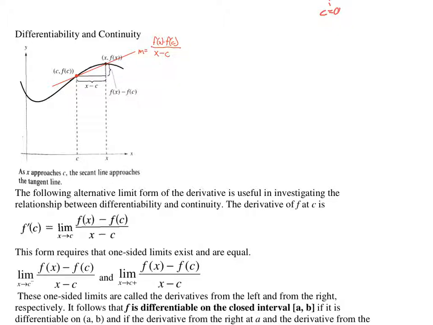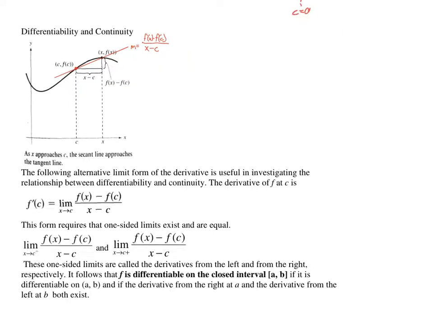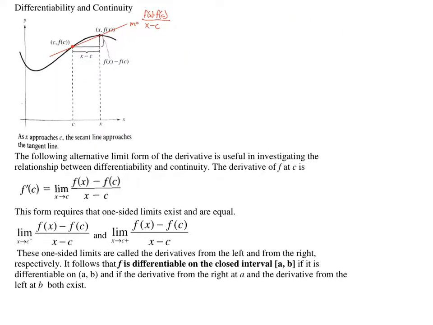Now, this requires that the one-sided limits exist and are equal. And we could call these the derivatives from the left and the derivatives from the right. F is differentiable on a closed interval [a, b] if it's differentiable on the open interval (a, b), and if the derivative from the right at a and the derivative from the left at b both exist.